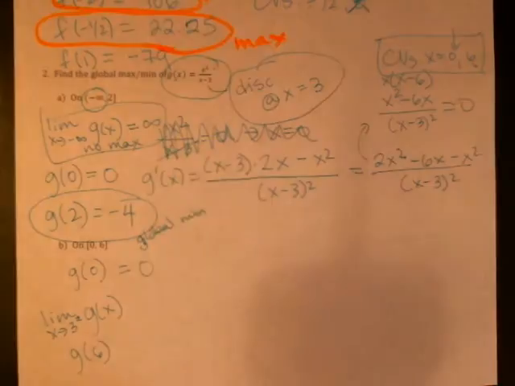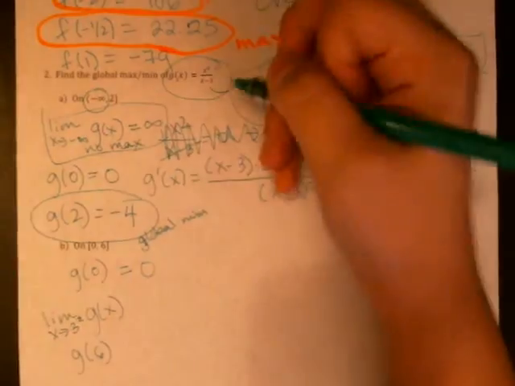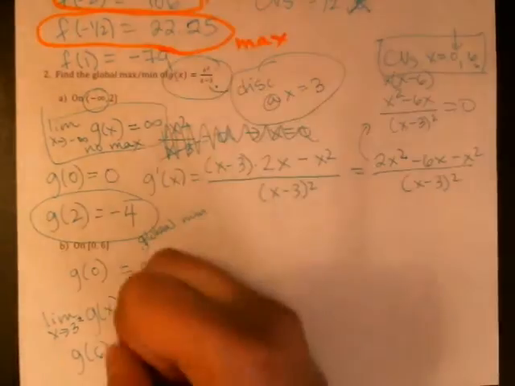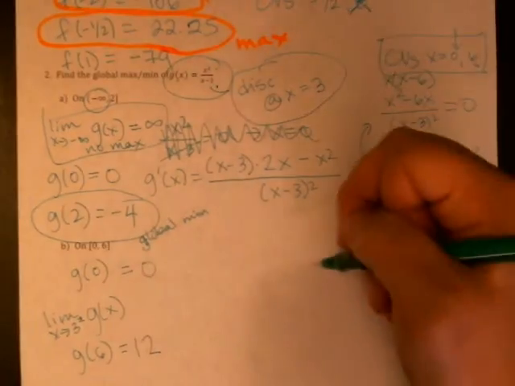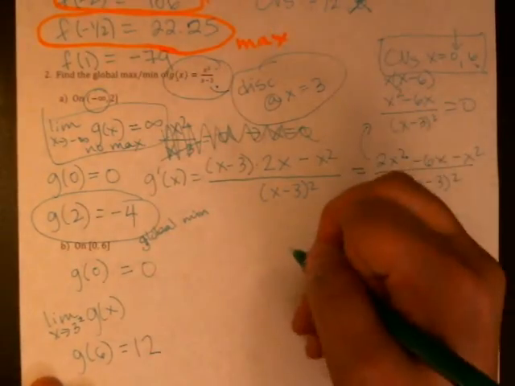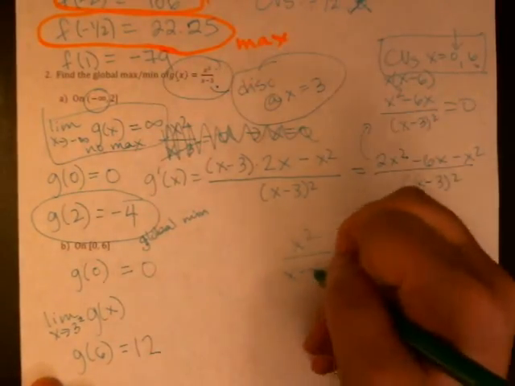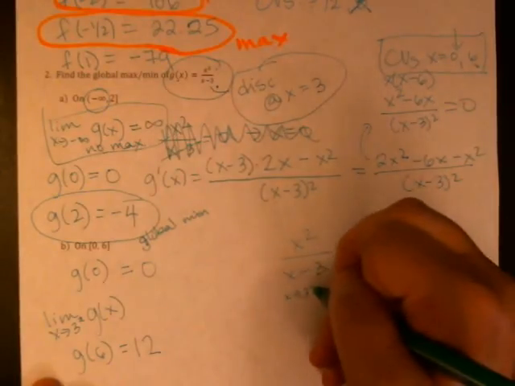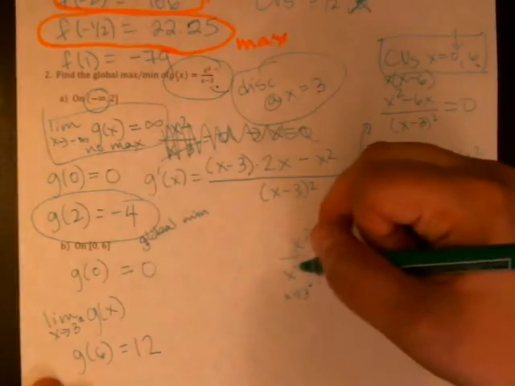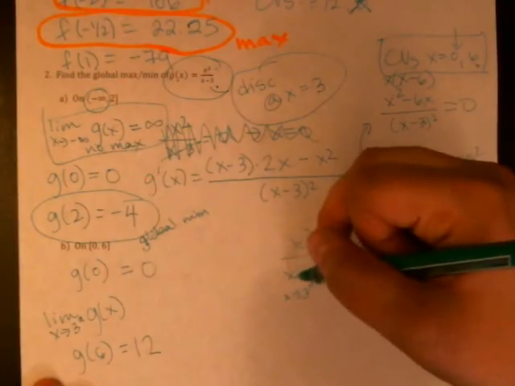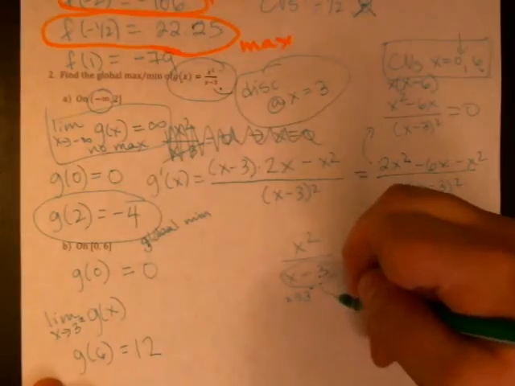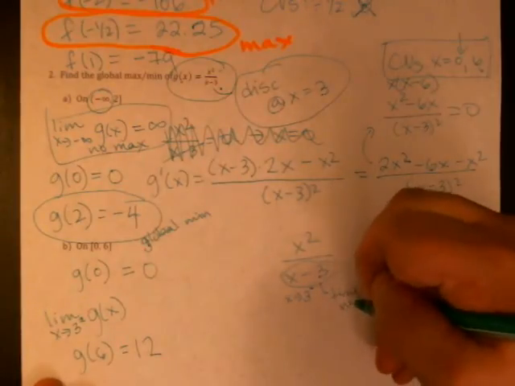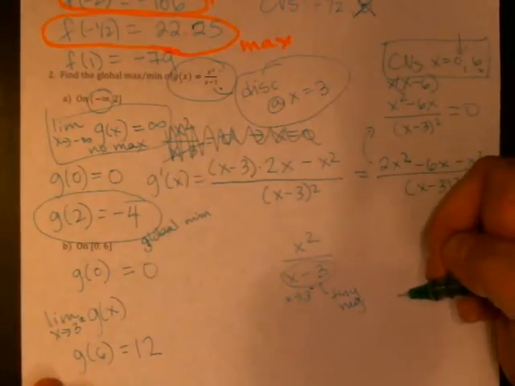Okay, so we know g of 0 is 0. G of 6 is 36 over 3. Remember, this is checking y values, so I'm plugging back into the function. 36 over 3 is 12. And then if we want to think about this limit, it's x squared over x minus 3. If x approaches 3 from the left, that means this number is just a little smaller than 3, which means this number is a tiny negative, really, really small negative number.